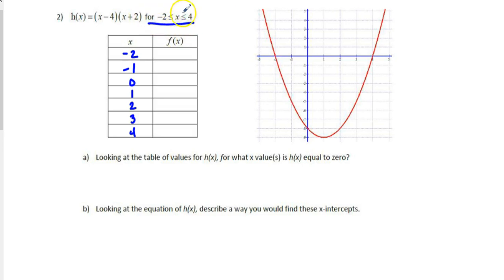So it's specifically establishing a domain for my table. I get these values. So for negative 2, I'll just show you where I'm seeing the first one in case it's unclear. Negative 2, I go over. I say, what is the y value on the red graph when x is negative 2? And it's 0. So I know the y value, or f of x, f of negative 2 is 0.